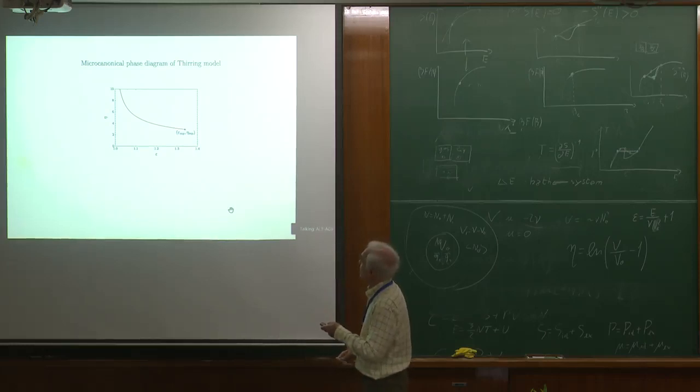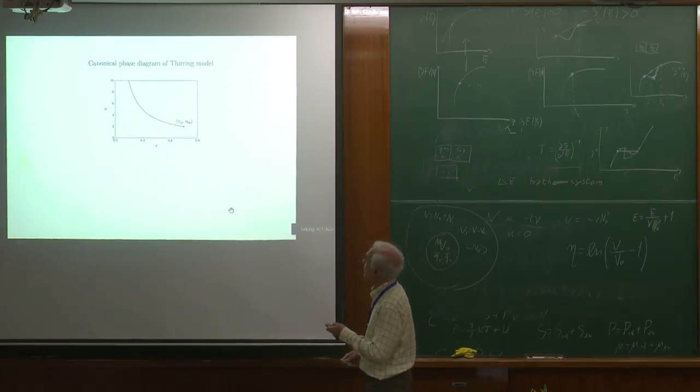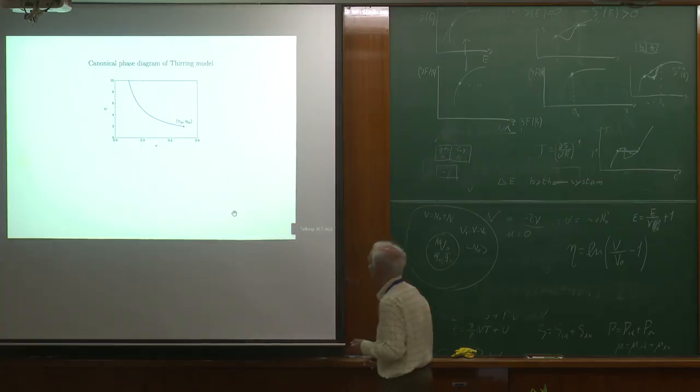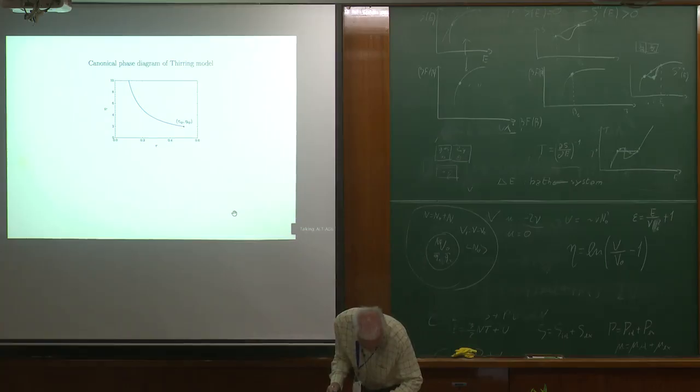Let's see what happens in the canonical ensemble. They look very similar, but then I will show you something. Now your control variables are still this Hamiltonian parameter eta, but instead of the energy you have the temperature. This is a reduced temperature again, because it was better to do the calculation in the reduced ensemble.